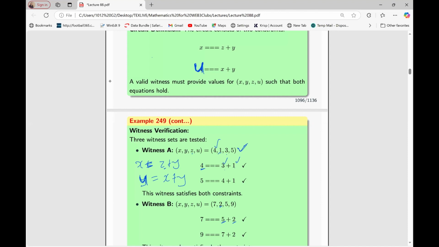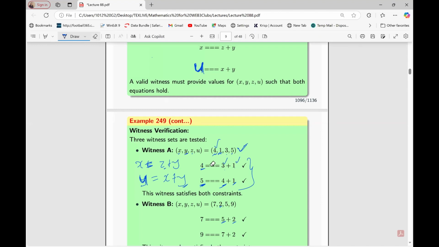So this is correct. Now let's check whether u equals x plus y. u is 5. x is 4. And y is 1. So that's correct. This witness is correct.